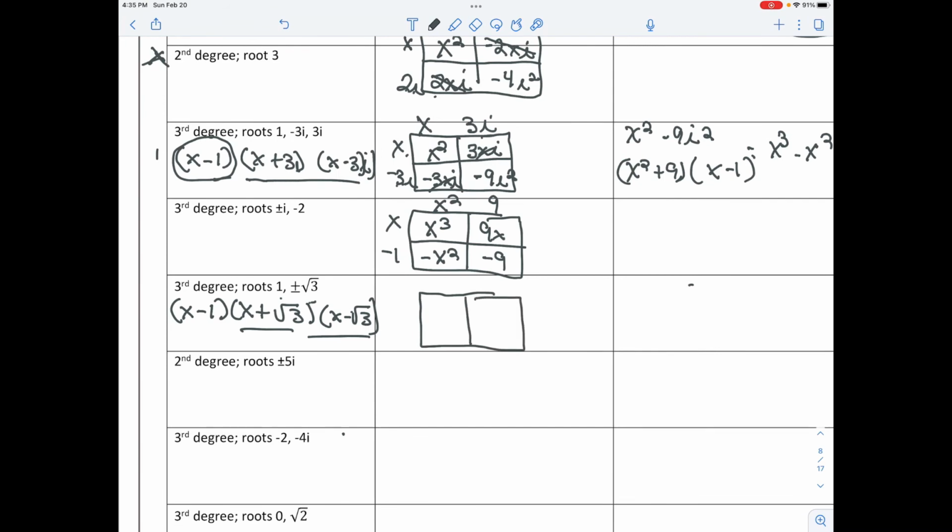So multiplying these together, I get x plus radical 3, x minus radical 3. So I get x squared. These middle ones are going to zero out. And then I'm left with negative radical 9, which is just going to be minus 3. So I get x squared minus 3. Then I have to multiply that times x minus 1.